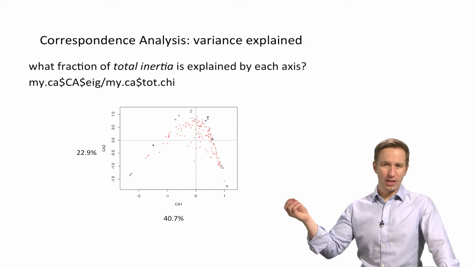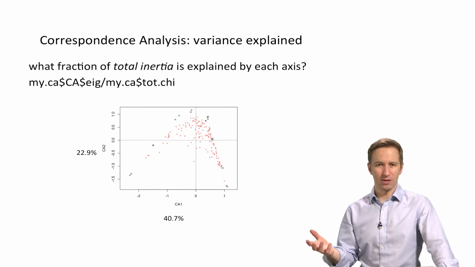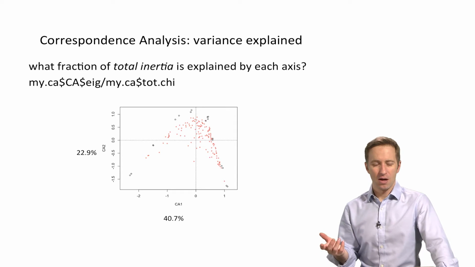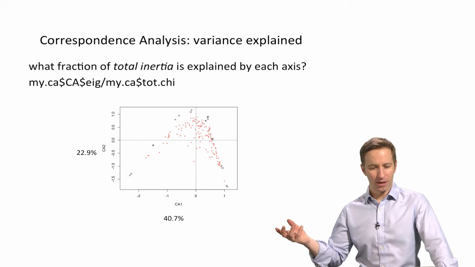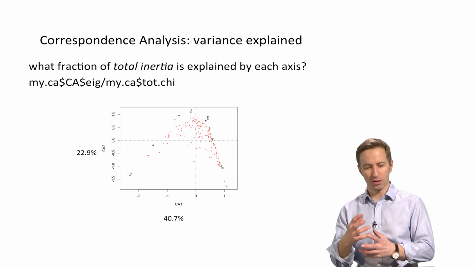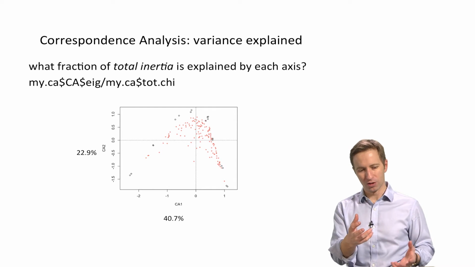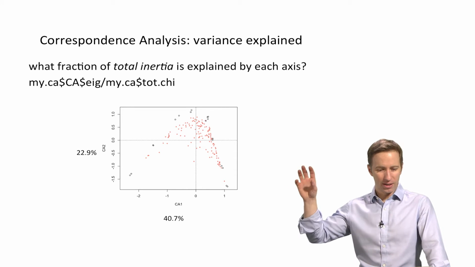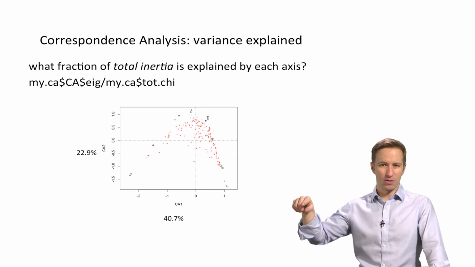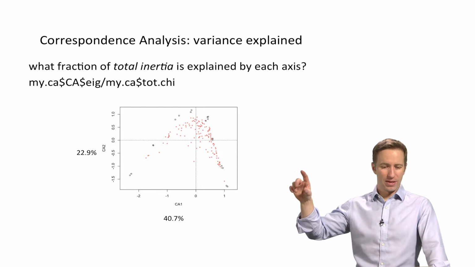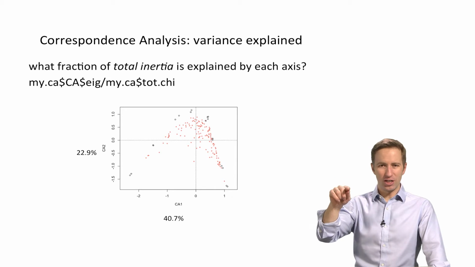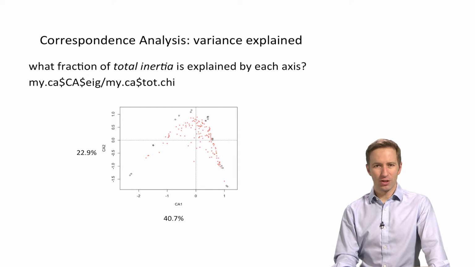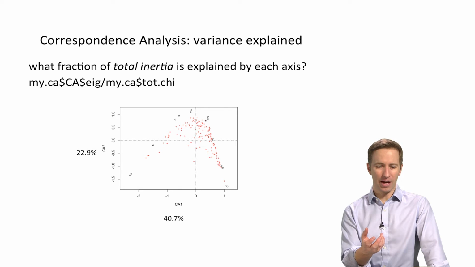Within that object there are a whole bunch of elements, one of them is the correspondence analysis list, which is basically just a whole bunch of other results from the analysis. So if you use a $ sign and then CA, that'll get you into the correspondence analysis part of the results. Then another $ sign, EIG. Those are the eigenvalues, which are basically the amount of the total variance that was explained in each of the axes.